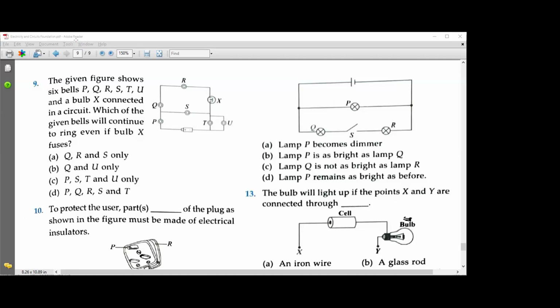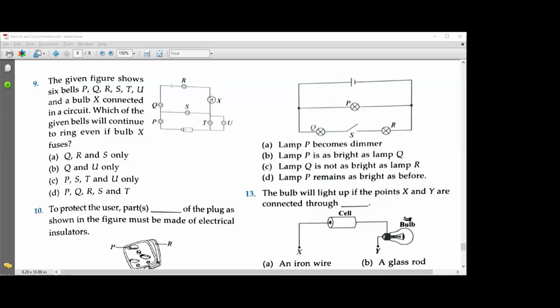Given figure shows 6 cells, P, Q, R, S, T, U, and a bulb X connected in a socket. Which of the given bulbs will continue to glow even if bulb X fuses?